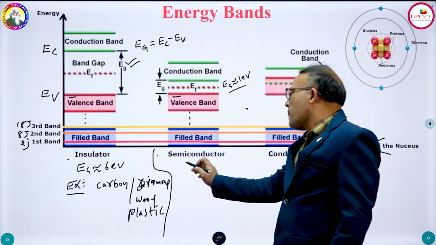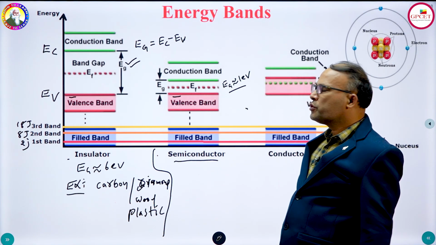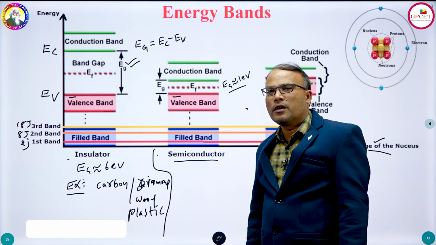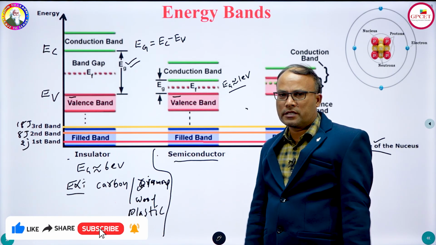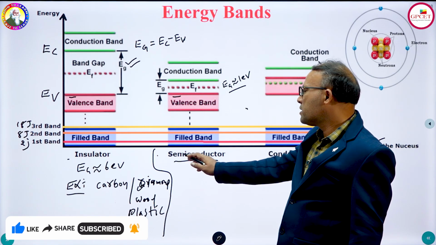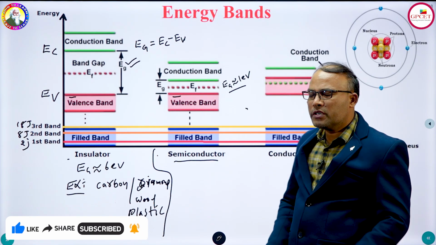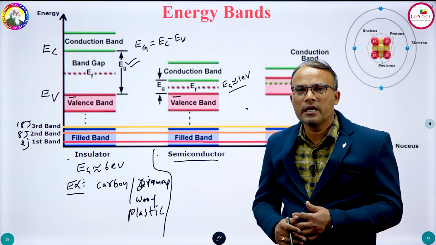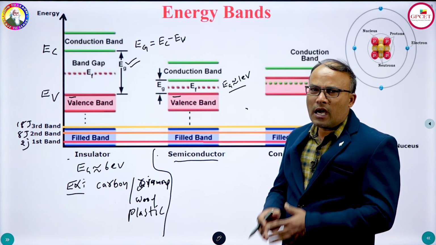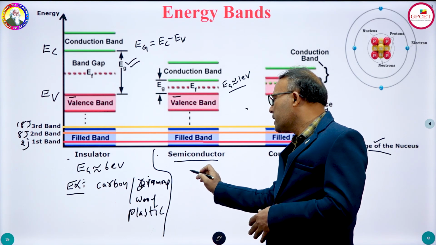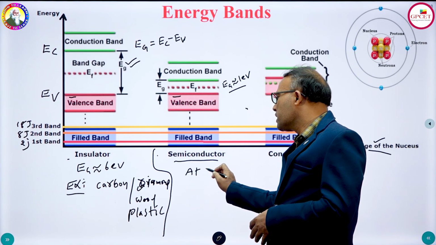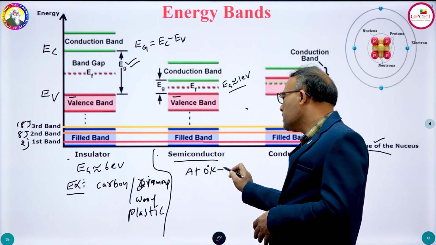Now, devices whose energy gap is approximately equal to 1 electron volt are called semiconductors. The name itself tells you: semiconductor, where its conductivity lies in between insulator and conductor. So half conduction takes place, because at 0 degrees Kelvin, I am not giving any energy.